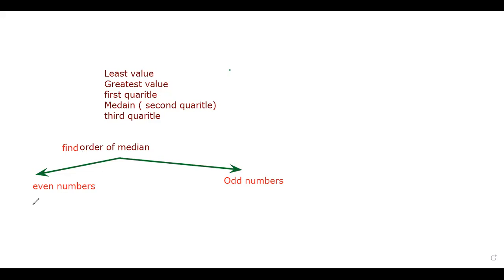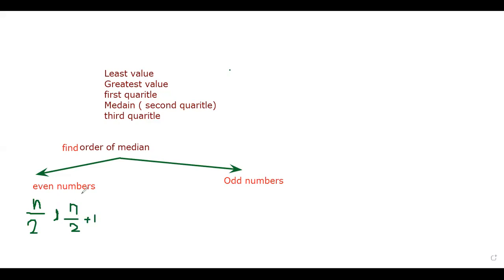It will be n over 2. And the next it will be n over 2 plus 1. So as I said, I'm talking about the order of median in case we have even numbers.